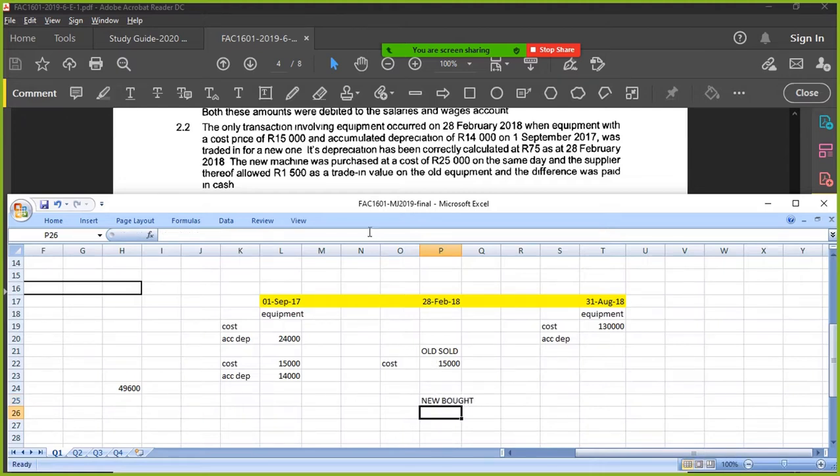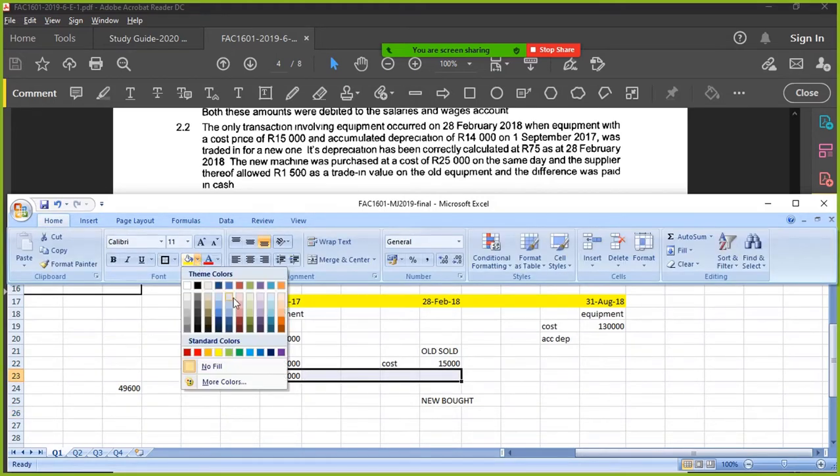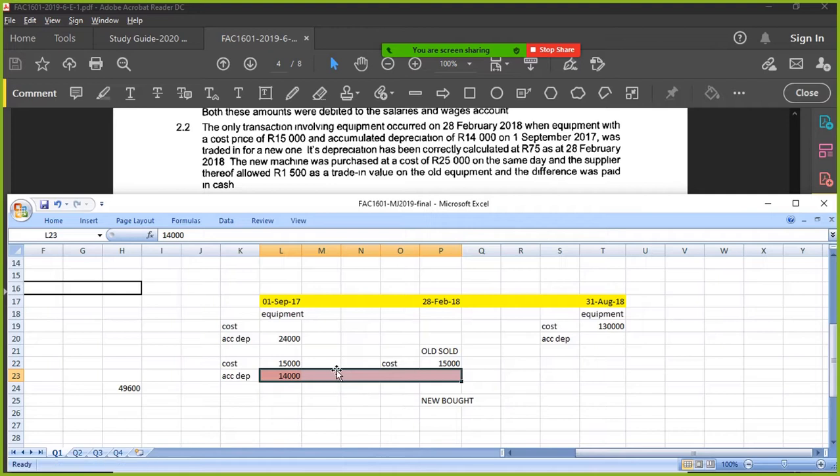Okay, so when we bought new, its depreciation has been correctly calculated at 75 Rand as at 28 Feb. So they're telling you that the depreciation has been calculated at 75 Rand as at 28th Feb.